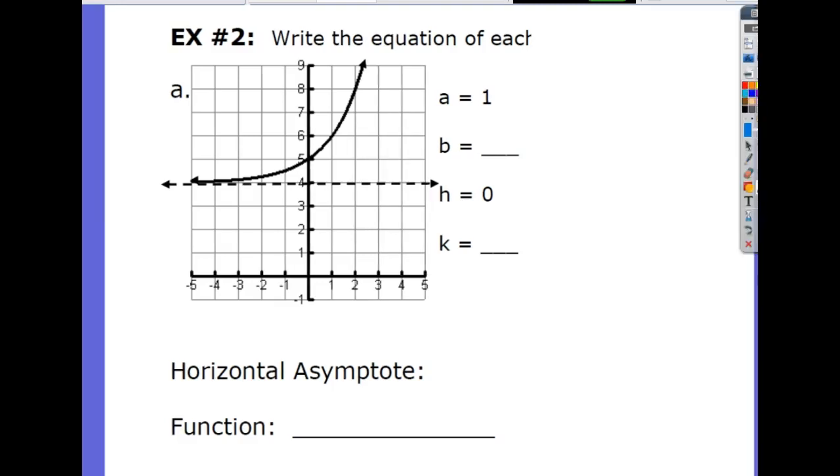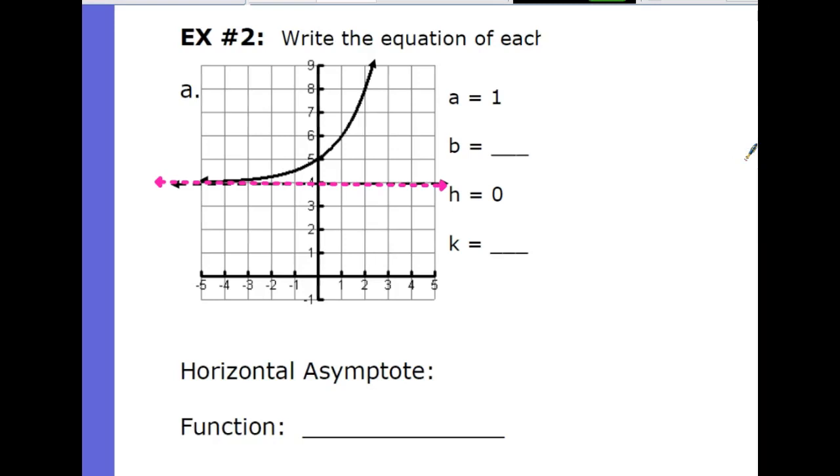Okay, example number 2. We always need to start with our asymptote. Our asymptote is at y equals 4. It has been moved up 4. The parent graph has the asymptote here, and that's been moved up 4.